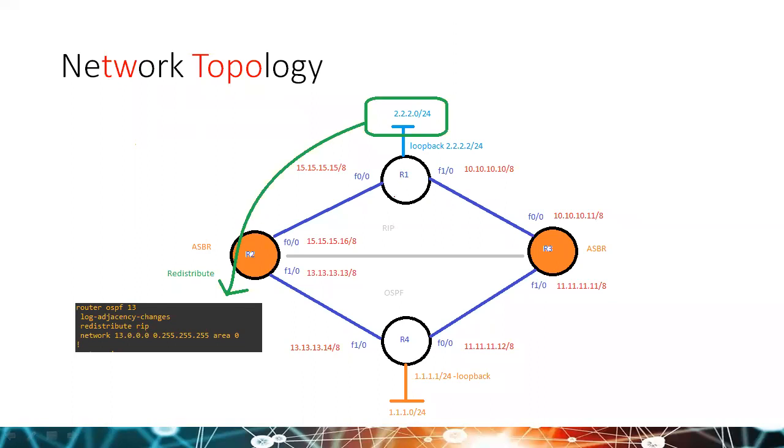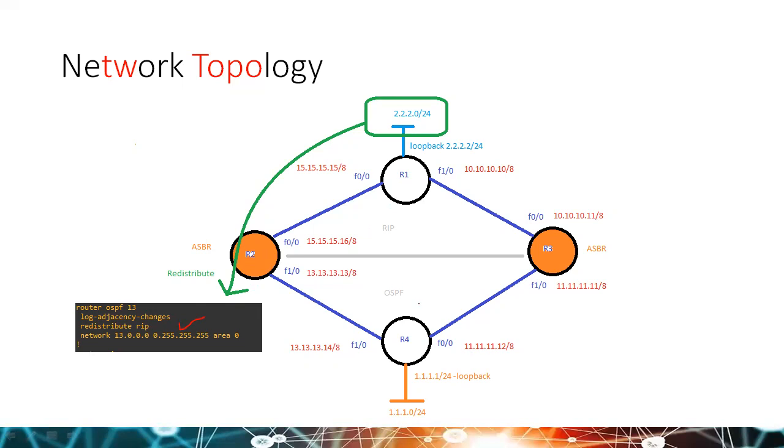But now, as I mentioned, we redistributed 2.2.2.0 via only R2 using this simple command. This is the CLI for reference. As soon as we redistributed on R2 into OSPF, this route 2.2.2.0 is advertised within OSPF.